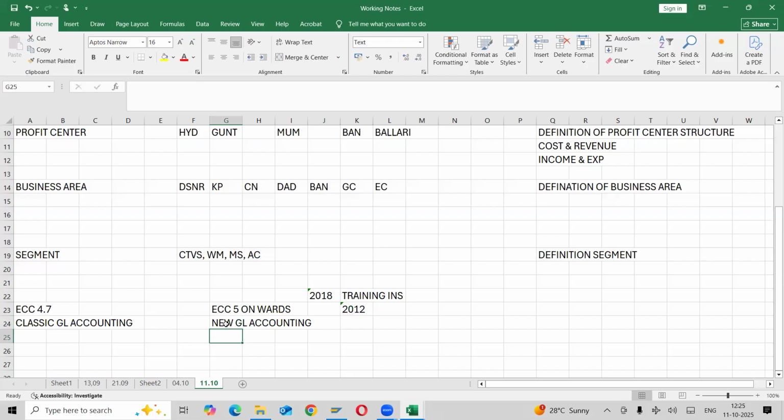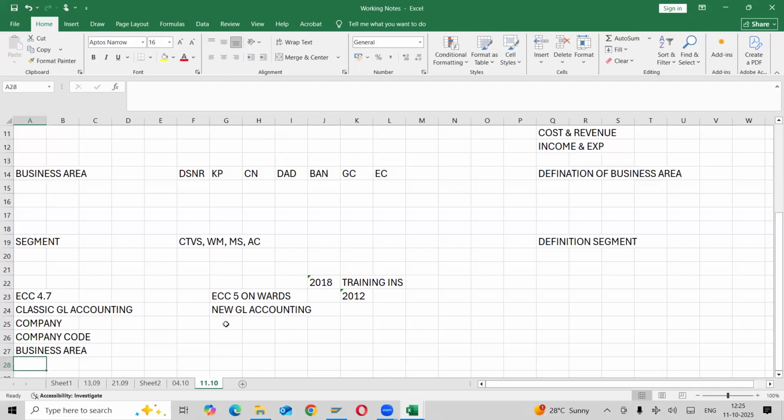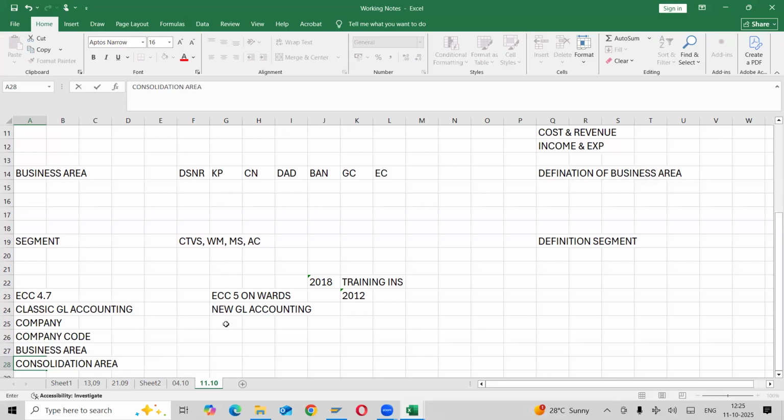So they say creation of company, definition of company code, next one business area. They never touch profit center, business area. Next one, consolidation business area.